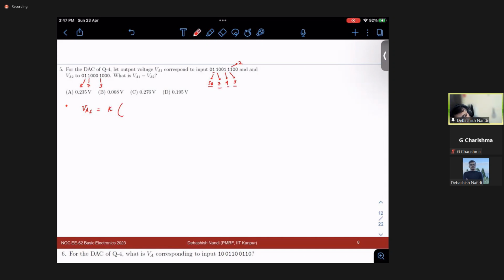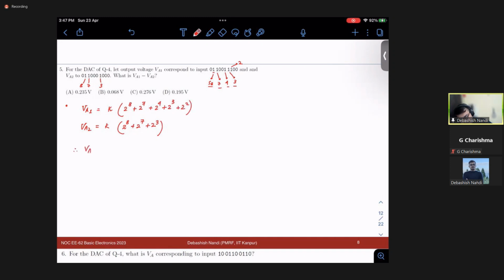Fine. So you have 2 to the power 8 plus 2 to the power 7 plus 2 raised to 4 plus 2 raised to 3. Fine. And your VA2 would be K times only the S's which have the value of 1. So it will be 2 raised to 8, 2 raised to 7 plus 2 raised to 3. Okay, and here I have 2 raised to 2 also.